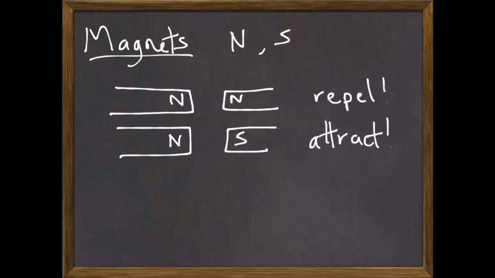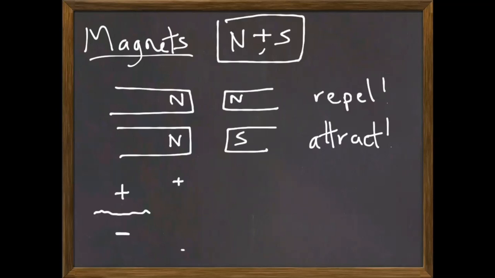So what's the difference? Why can't we just say that these are the same thing as positive and negative charges, or that they act just like positive and negative charges? The difference is that you always have north and south together. You can never have a magnet that just has one or the other. So if I have something that has some positive and negative charge, and I cut it in half, I'm left with a positive charge and a negative charge.